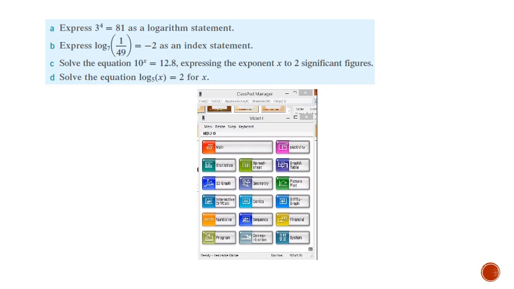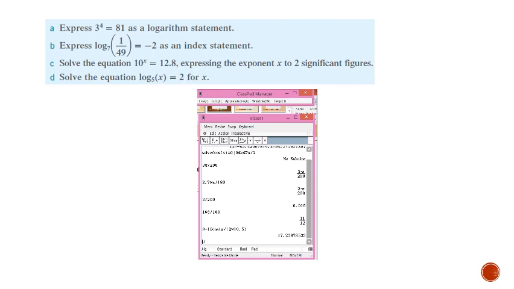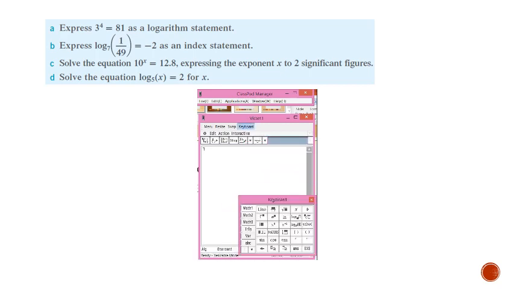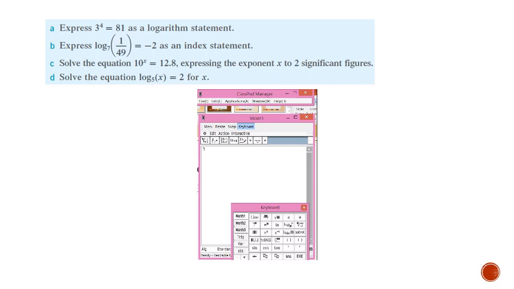Alright, so on the previous slide we wrote down that log 10 of 12.8 is equal to x, so we needed to find x. So let me clear all this out. What we would do first is write in log. Now if you look on the keyboard, there's actually a log function right here. There's also a log 10 one because it's the most common one.